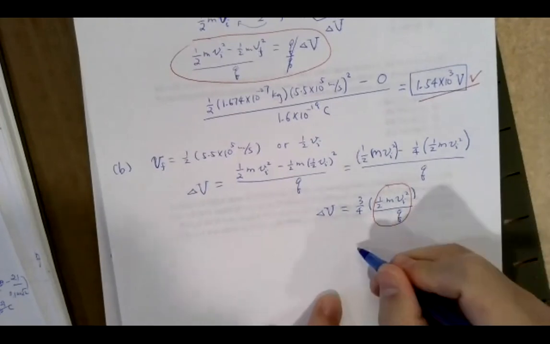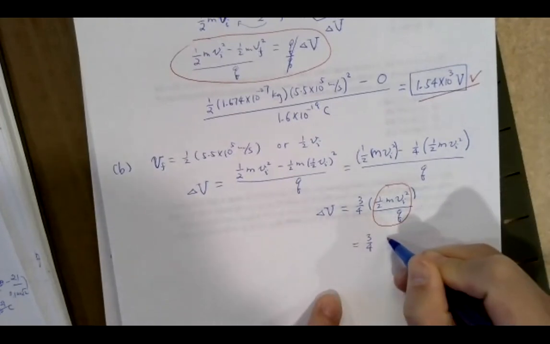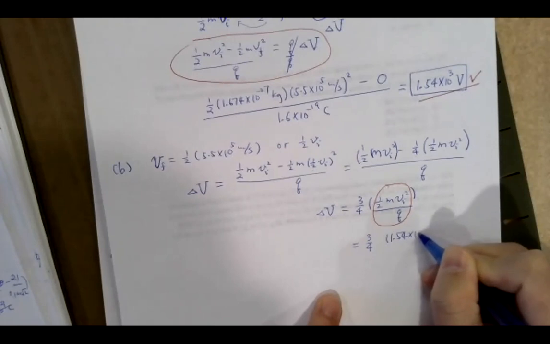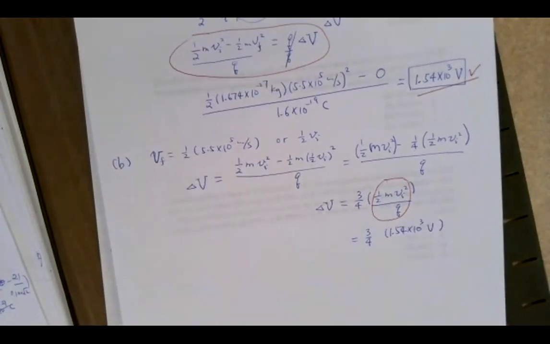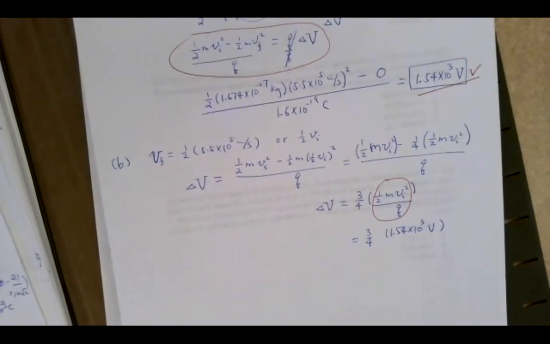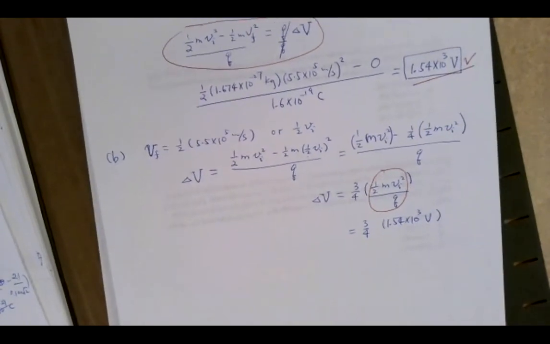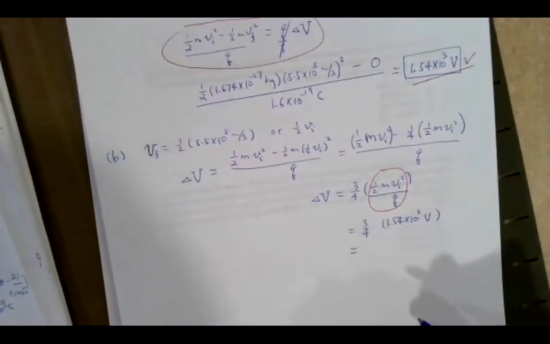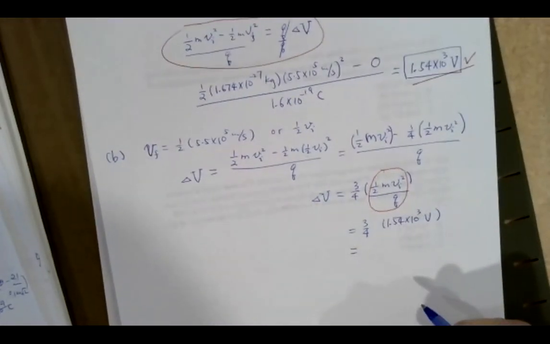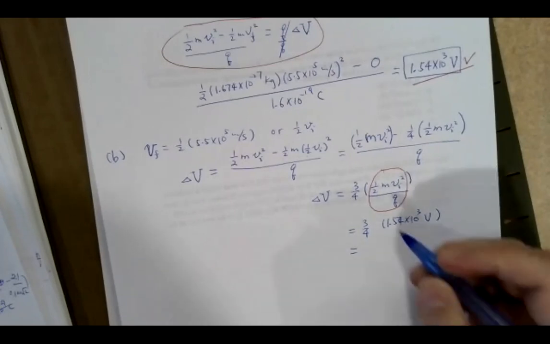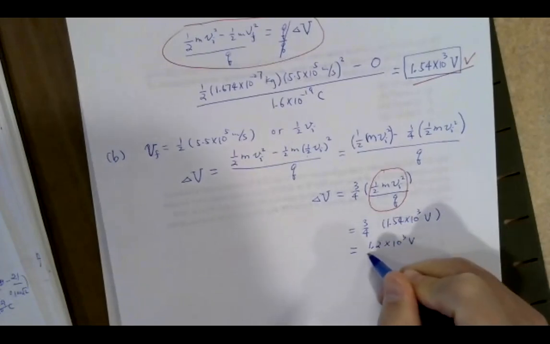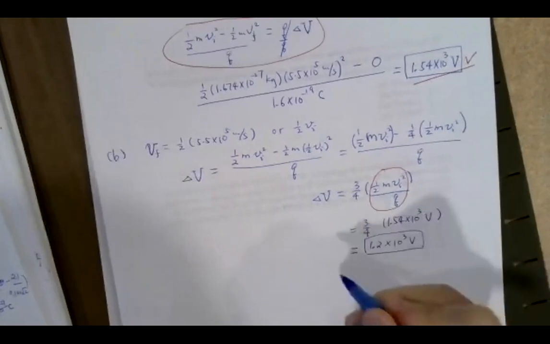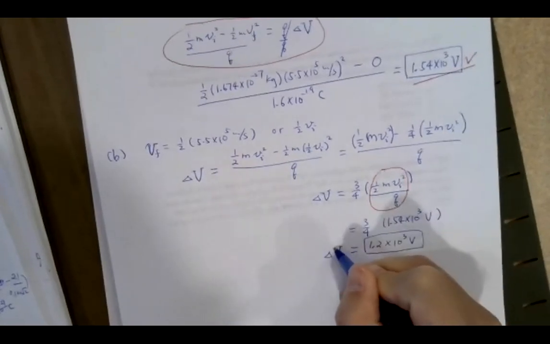So this is equal to 3/4 times 1.54 times 10 to the 3rd volts. Of course, you can plug in the numbers, but with this trick we don't have to plug in all the numbers one more time. This gives you roughly 1.2 times 10 to the 3rd volts for this new potential difference.